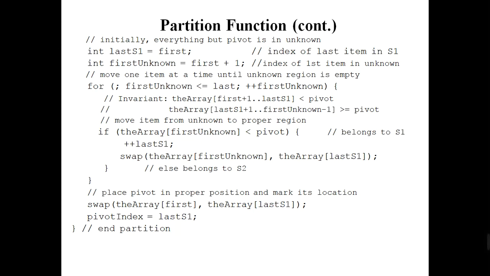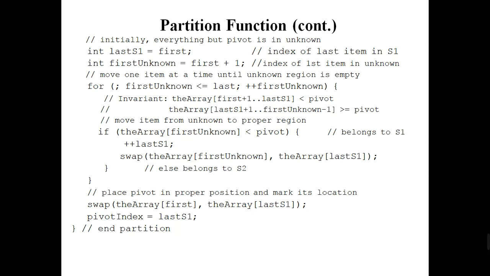For the loop, you declare the initialization first; I'm not doing it separately, going directly to the condition: firstUnknown less than or equal to last, with a pre-increment. Whether you declare pre-increment or post-increment, follow whatever the element requires.